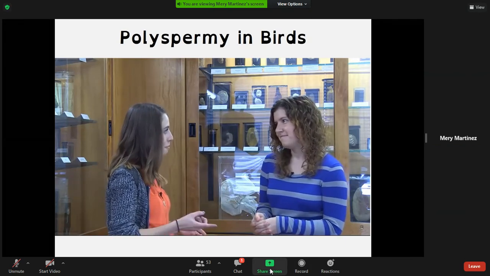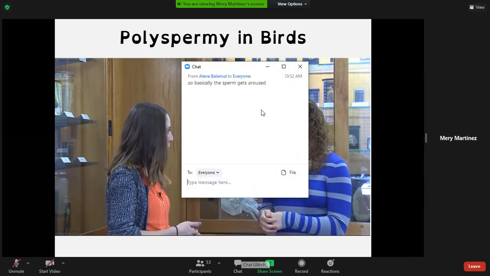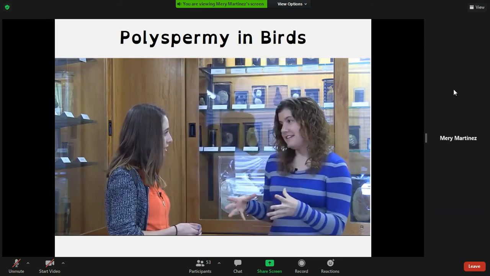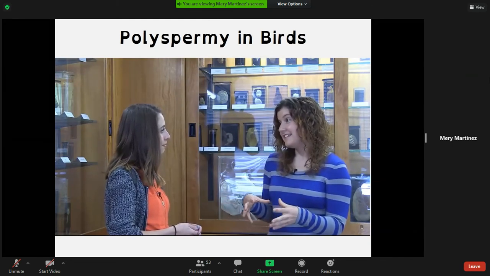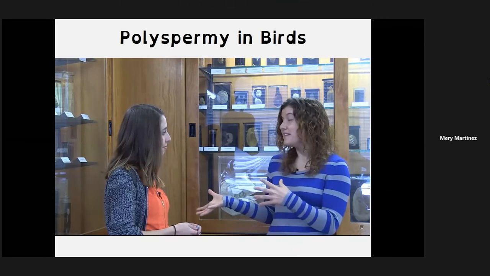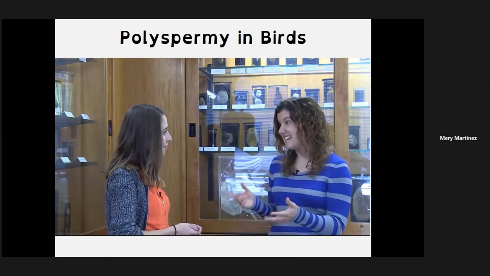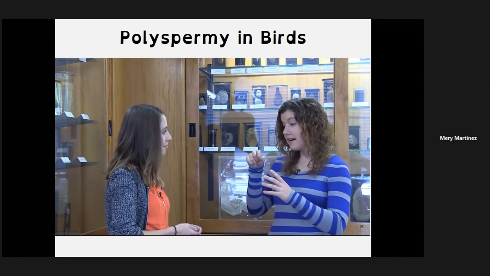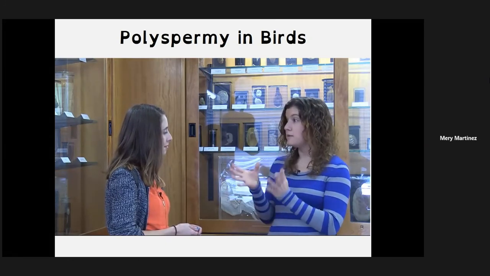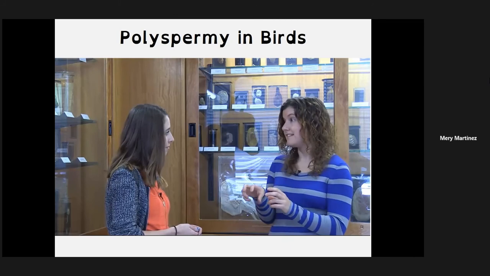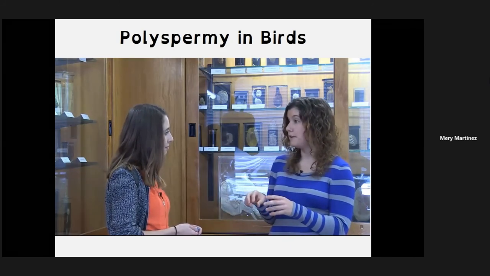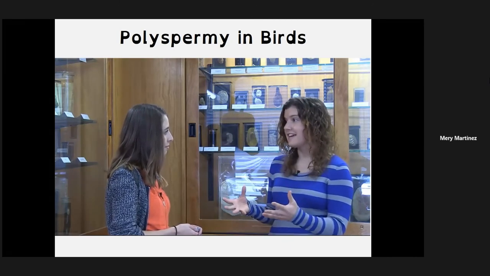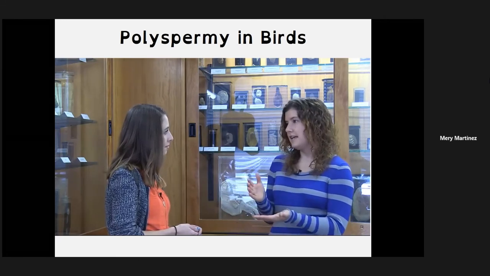So what does happen if only one sperm penetrates the ovum of a bird? Well, our research has shown that in birds, completely the opposite to mammals, one sperm really isn't enough. So if one sperm penetrates, it may well make its way to the germinal disc where the female pronucleus is, and it may well fuse with the female pronucleus, so fertilization can take place.